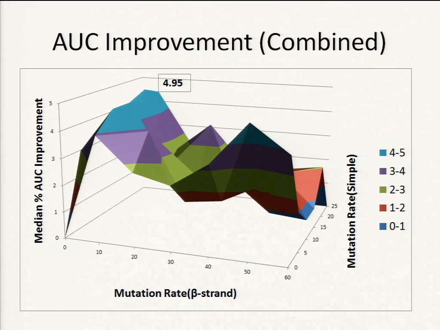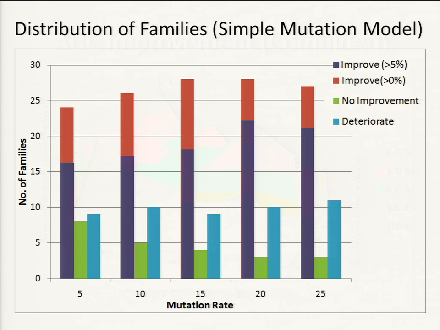So, the overall picture of what's happening: to see how families are performing, we made a bar chart that shows improvement in red. Purple is showing families that show no change, and green shows families that deteriorate.